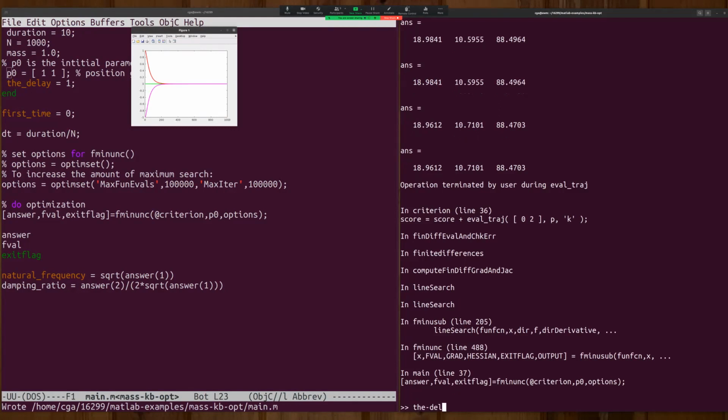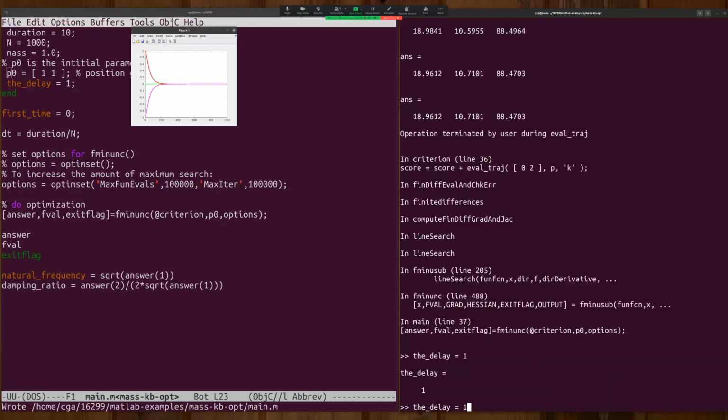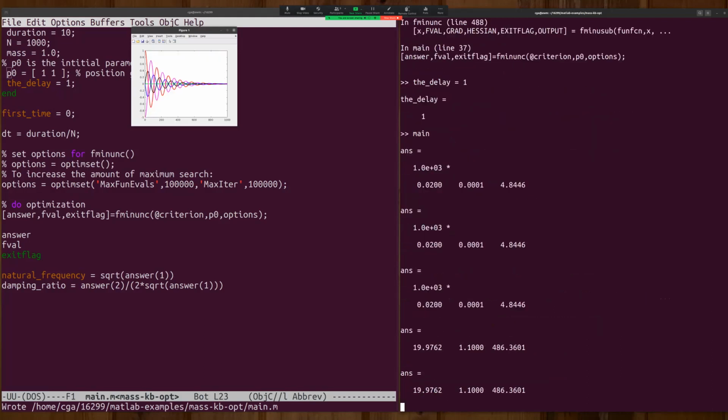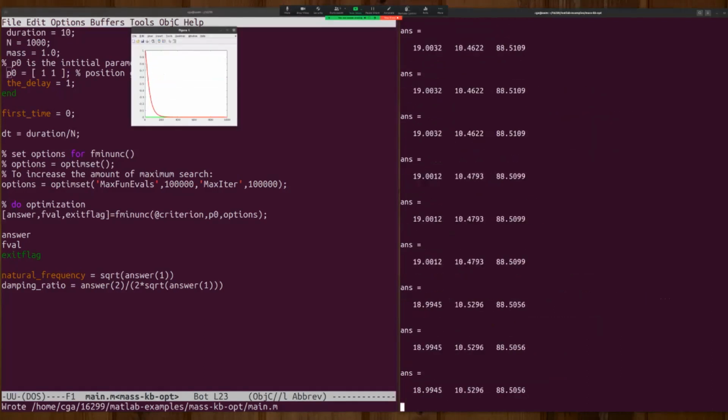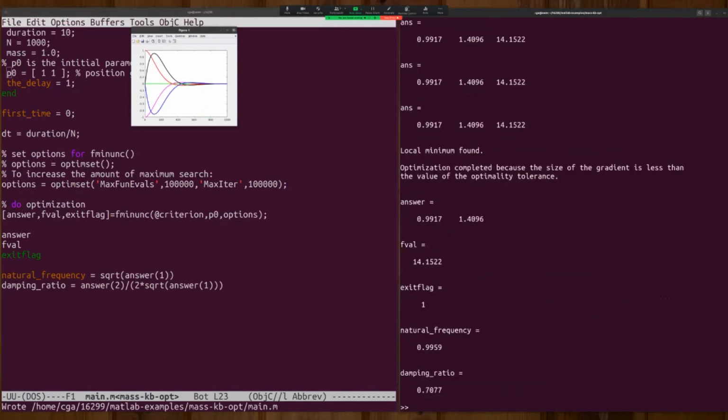Now, this is ungratifyingly slow, so I'm killing it. I'm setting the delay. I'm getting rid of that delay. So now it's going to fly past. Okay. It cranked it right down to the right answer for this particular setup.